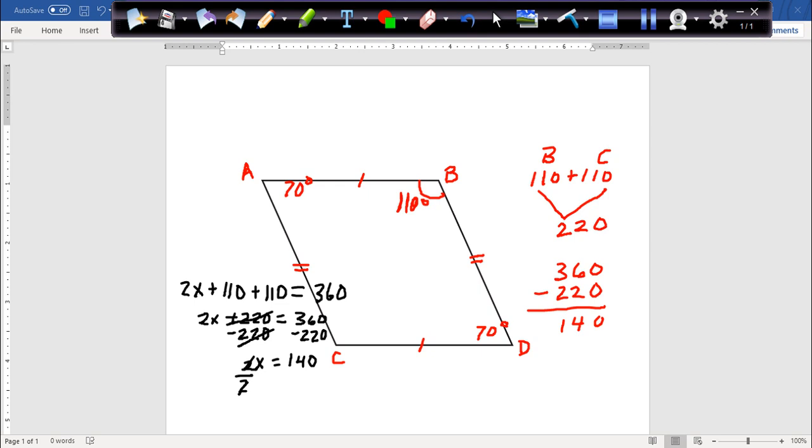And it cancels out, right? Leaving x on this side of the equation. And what you do to one side, guess what? We do to the opposite. So we have to divide by 2 over here. x equals what? 70. Same answer they have in your book. So angle A is 70 degrees.